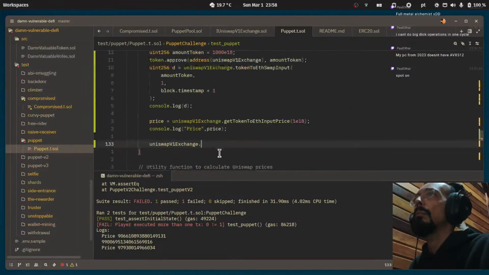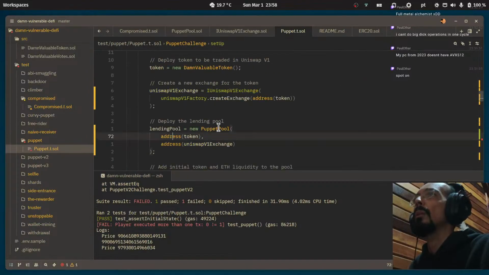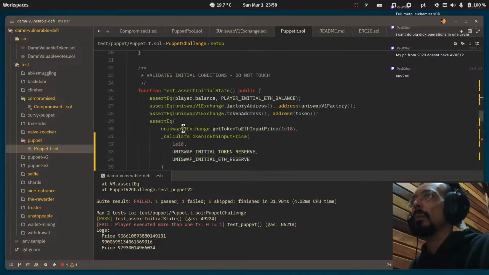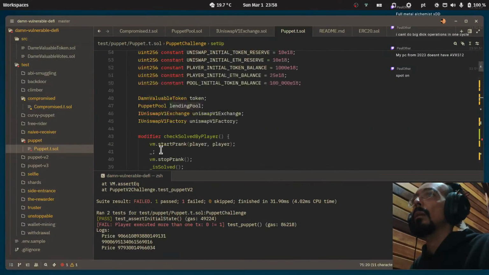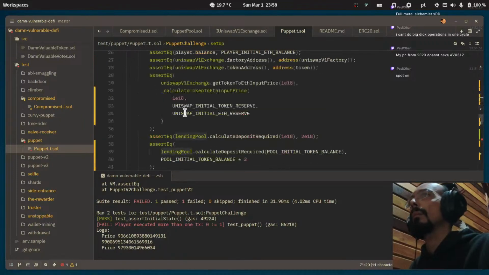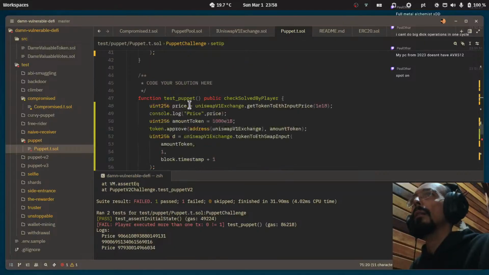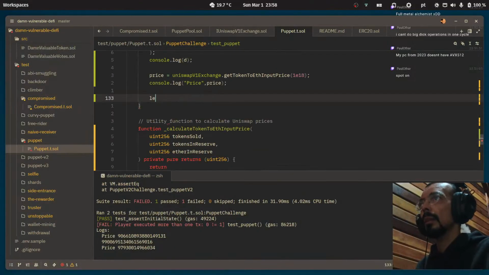Borrow. It's in the Puppet pool. And a Puppet vulnerable pool called lending pool. Wait. Why is it not green? Here's green. So lending pool. Come on. What's my autocomplete? Lending.